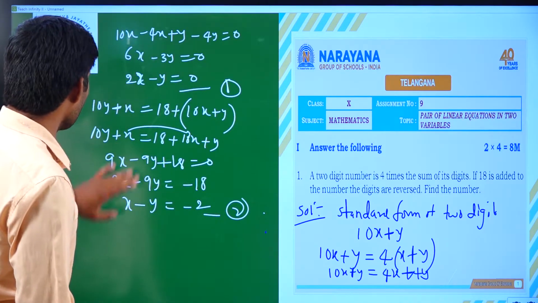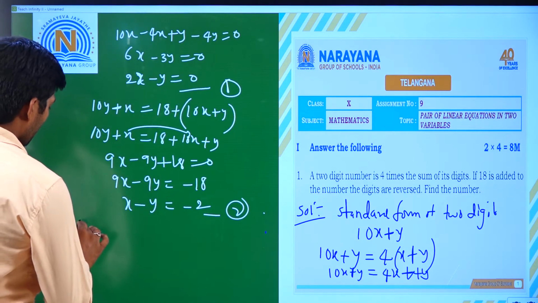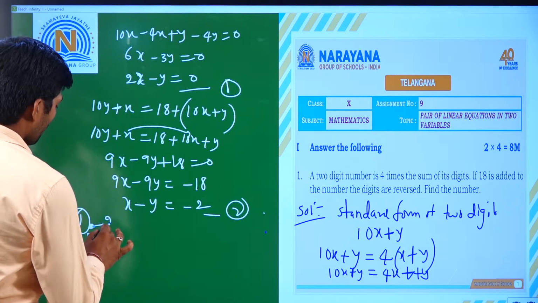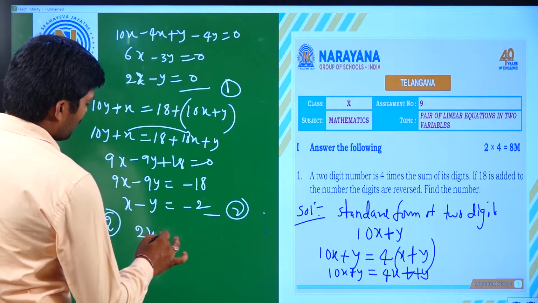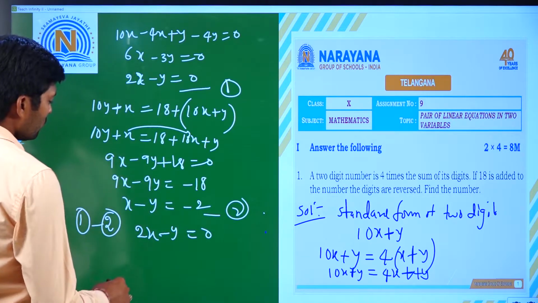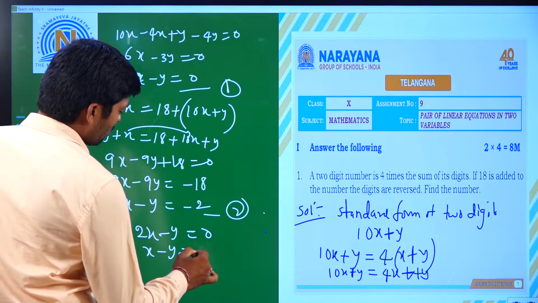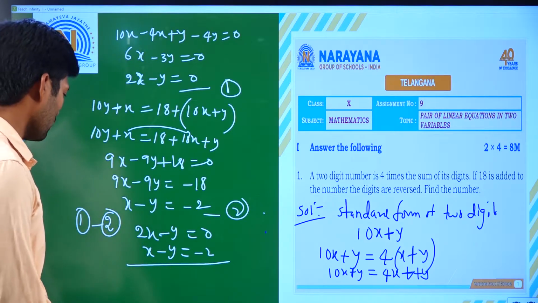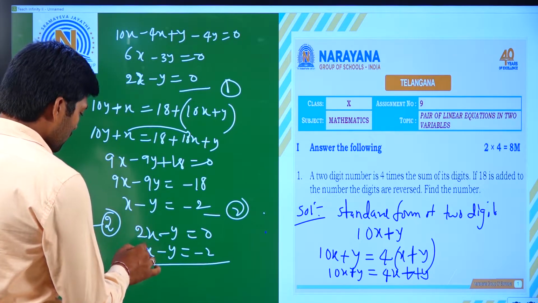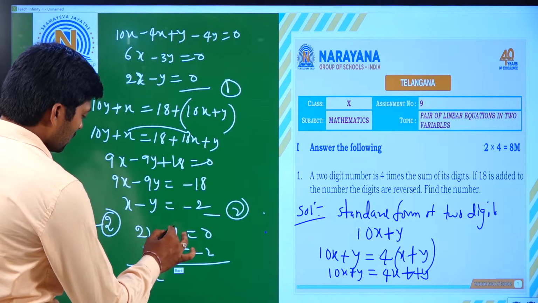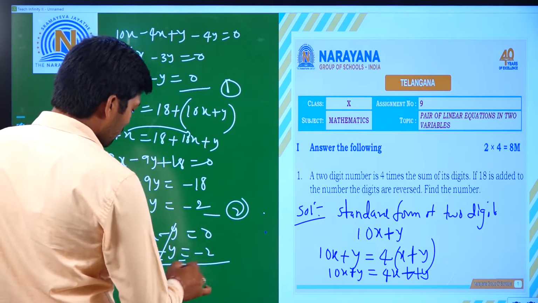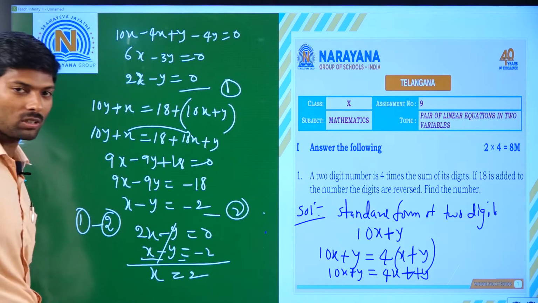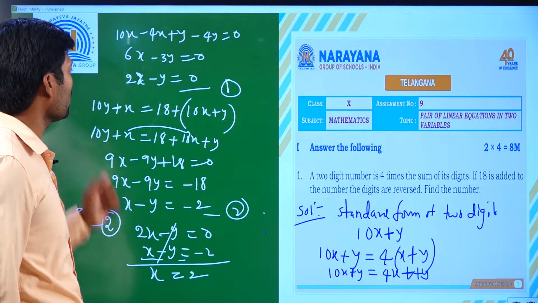Solve equation number 1 and 2. So we subtract: 2x minus y is equal to 0, and x minus y is equal to minus 2. Here 2x minus x will become x, and these two will get cancelled. 0 minus of minus will become 2. So x is equal to 2. Now we have to find the value of y.